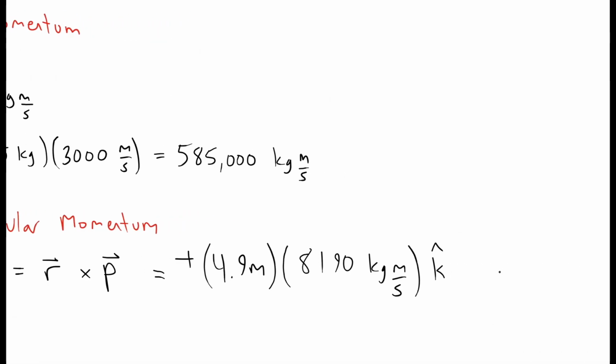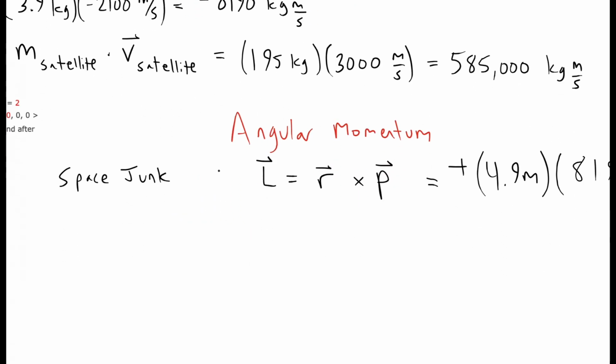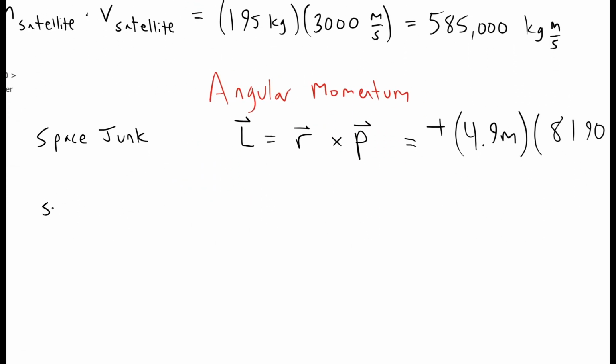So let's do that. We could also find angular momentum of our satellite, which is going to be a different approach. He is a large rotating body, a sphere, so I'm going to use the formula I omega for that. We know his moment of inertia, we can calculate it.